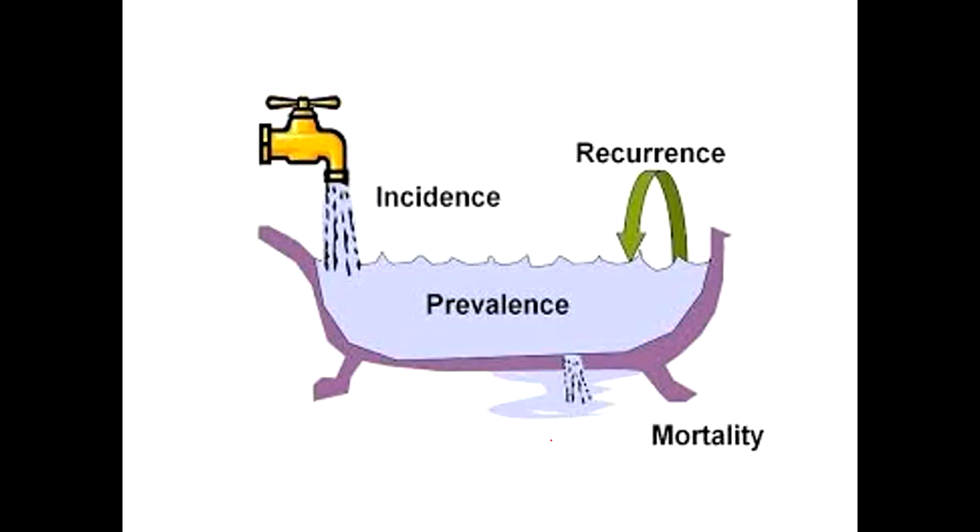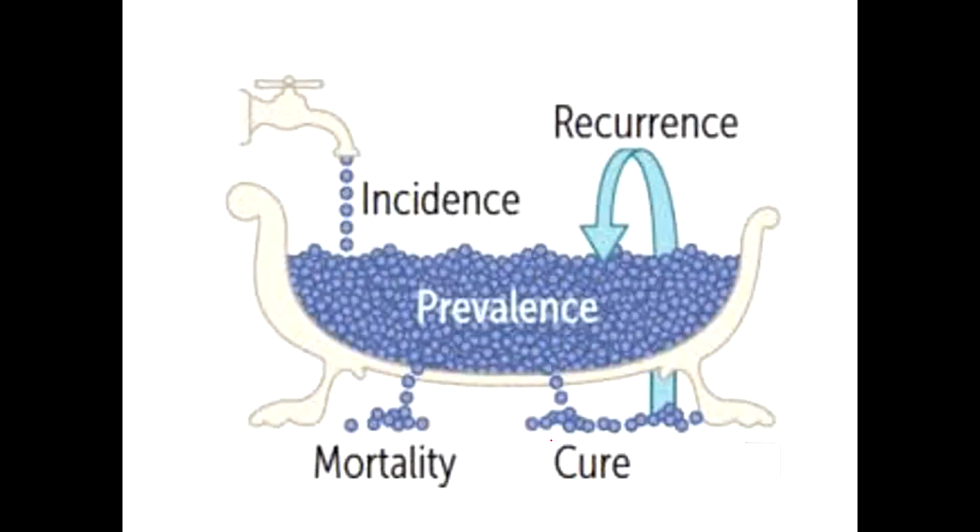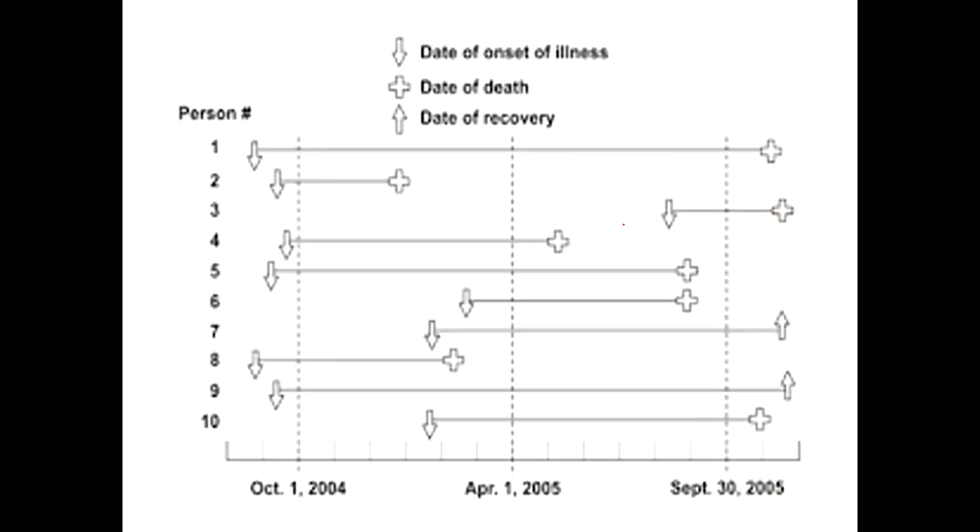So the modern epidemiological bathtub has two exits. One is mortality and number two is cure, which decrease the prevalence rate. And the prevalence rate increases by an increase in the incidence rate and an increase in the recurrence rates. One of your OSPE questions. Fine.